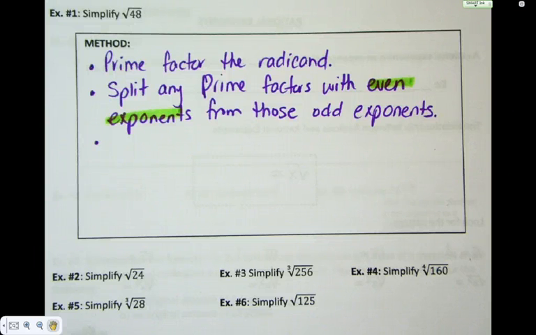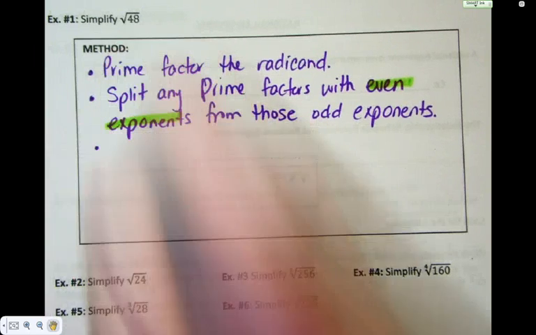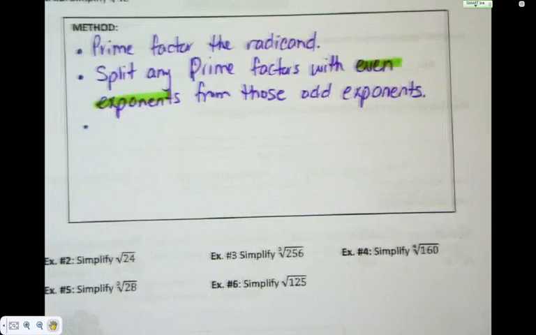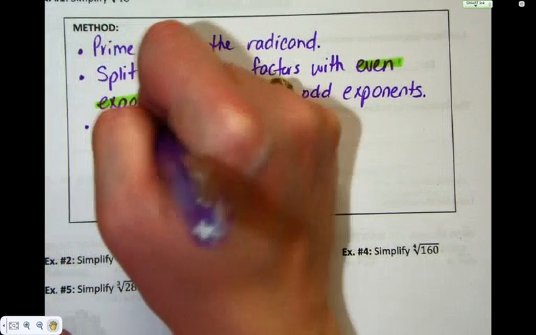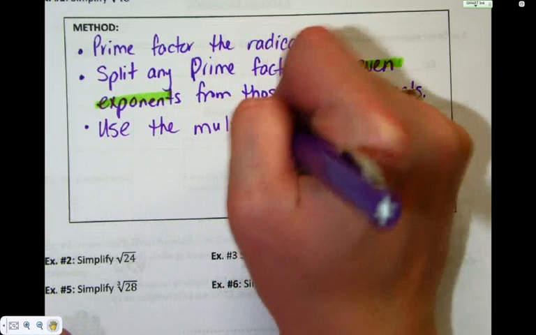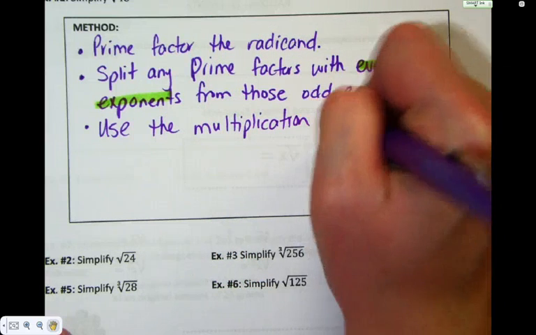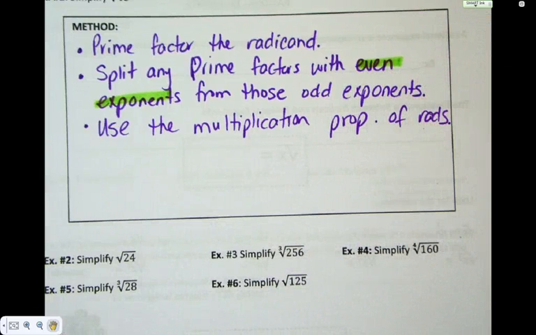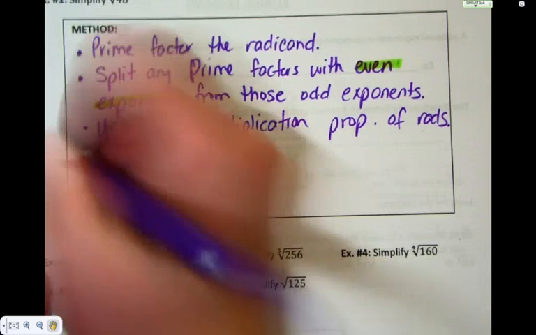That would be odd. Yeah, I know, but that's why I was like, nah, I don't like that, and I went back. Use the multiplication property of radicals. And I'll explain what that means when we do an example.